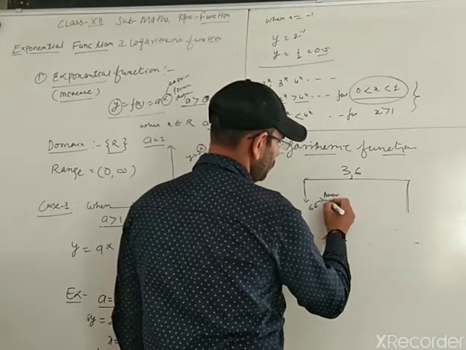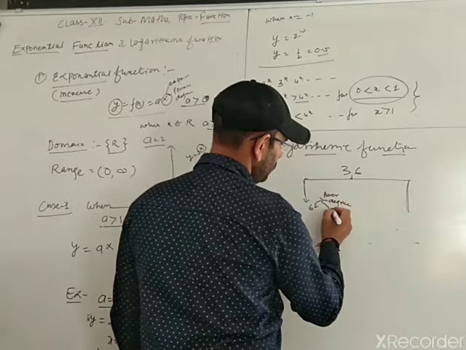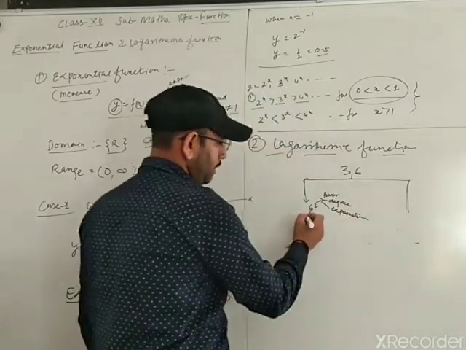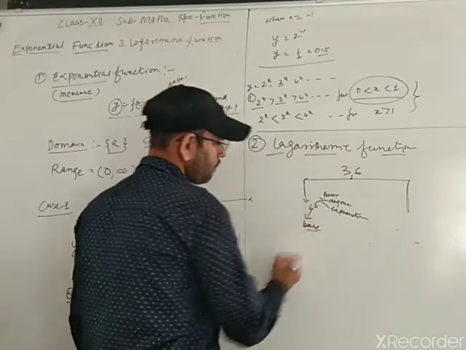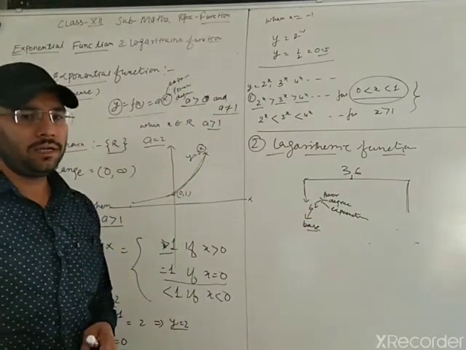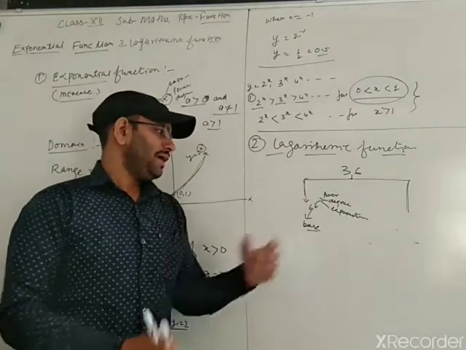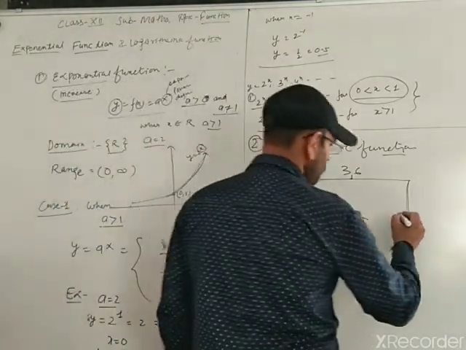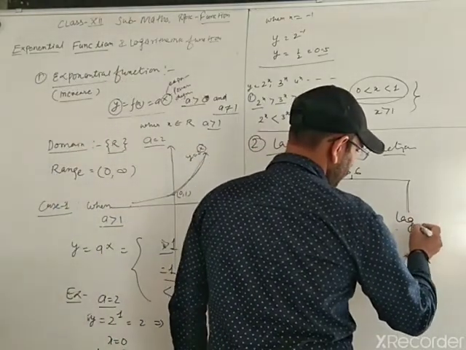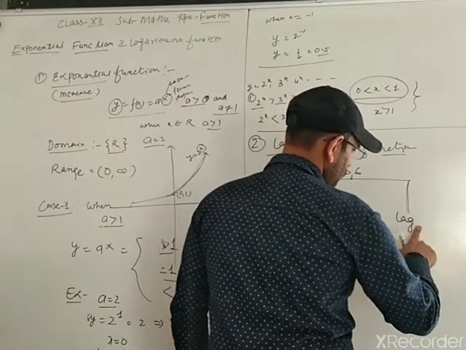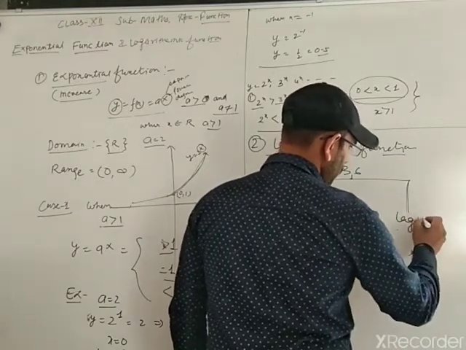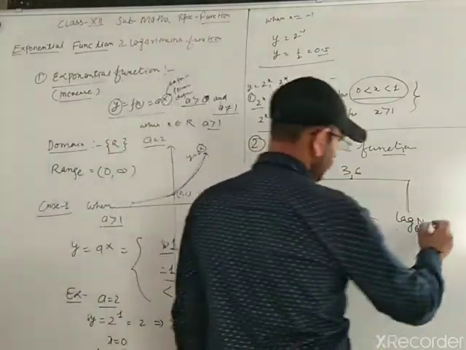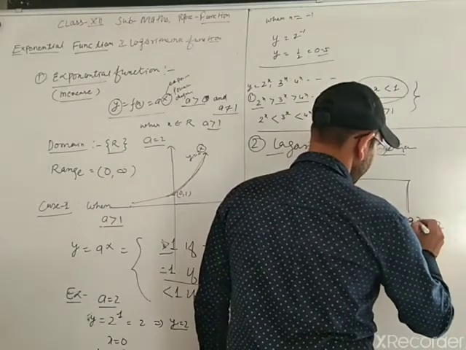Power, degree, exponent, and 6 is called the base. 6 is the base. Clear? So the exponential can be converted into a logarithm: log base 6 of the number is equal to its degree. So what is the degree? 2. So the number is what? 36.